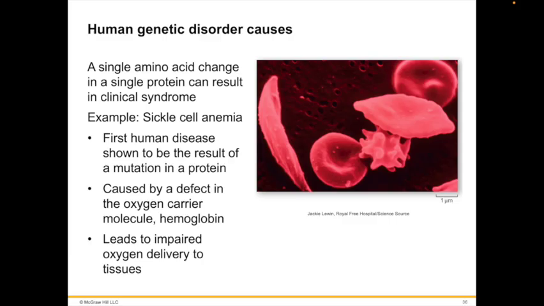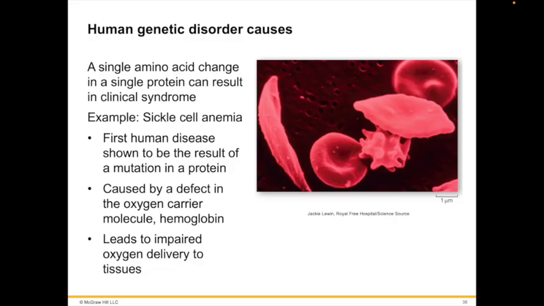It is instructive to examine a single disorder in detail to see how a single amino acid change in a single protein can result in a clinical syndrome and can have evolutionary implications. The first human disease shown to be caused by a mutant protein was sickle cell anemia, which causes intermittent illness and reduced lifespan.